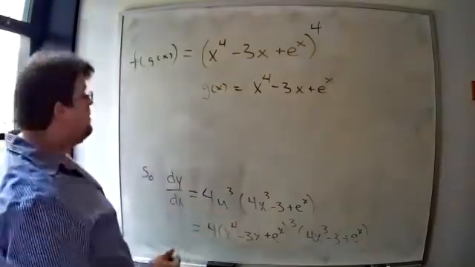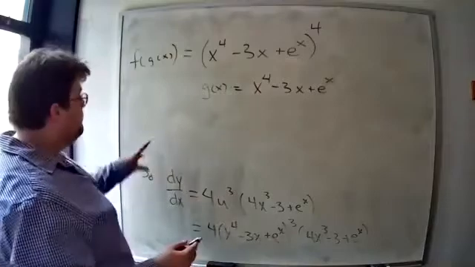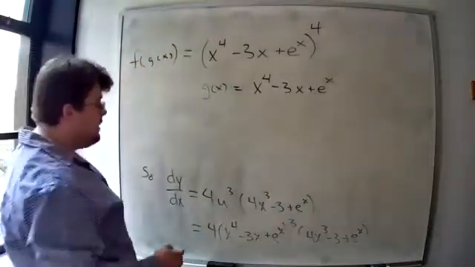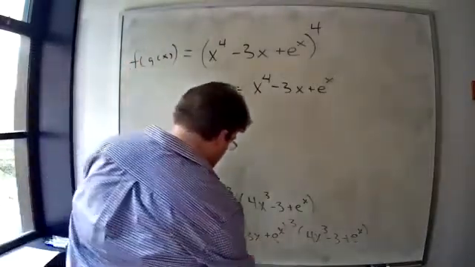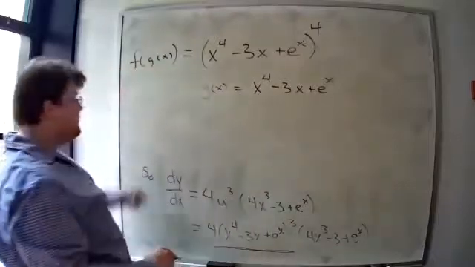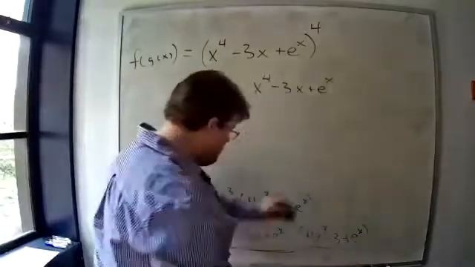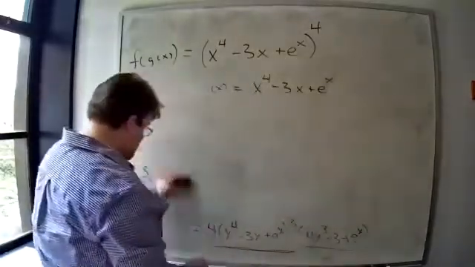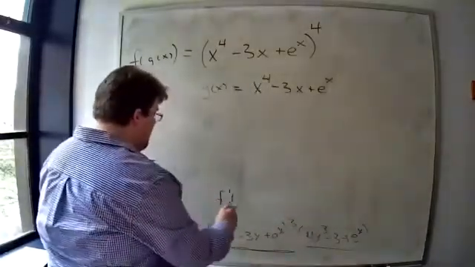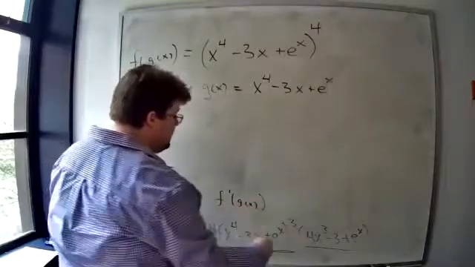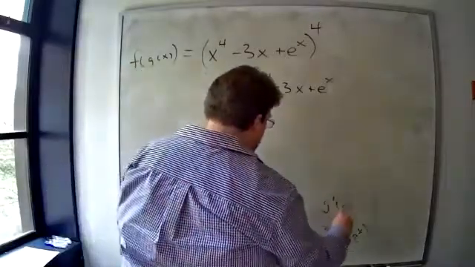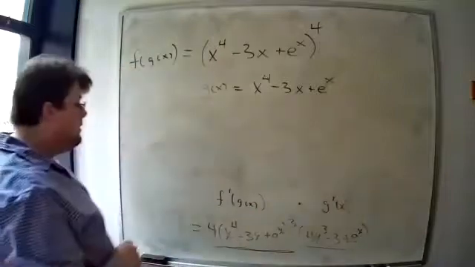But in the answer, the 2 parts of the chain rule with this notation, that one is the f prime of g of x. So this one is f prime of g of x, and then just this piece over here is g prime of x.